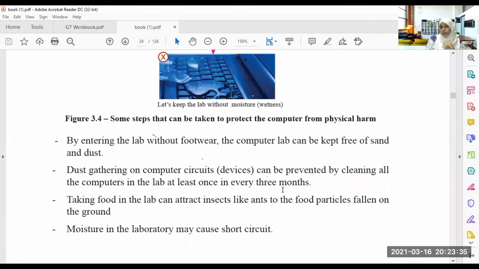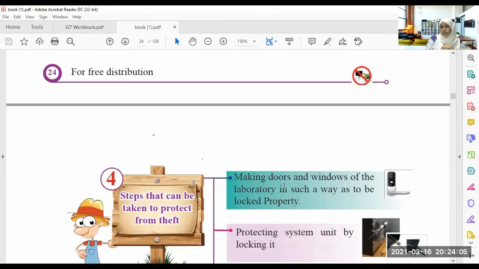It should happen. If you can clean the computer lab every month, it would be better, but at least once in 3 months you should clean your computer laboratory. Taking food in the lab can attract insects like ants to the food particles fallen on the ground, as I told you. Moisture in the laboratory may cause short circuit.